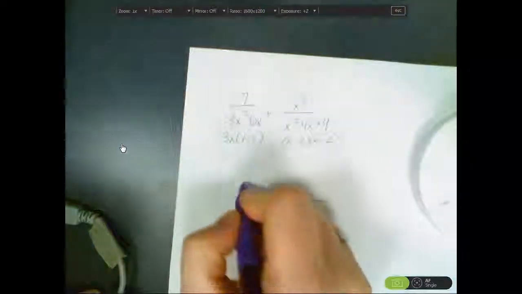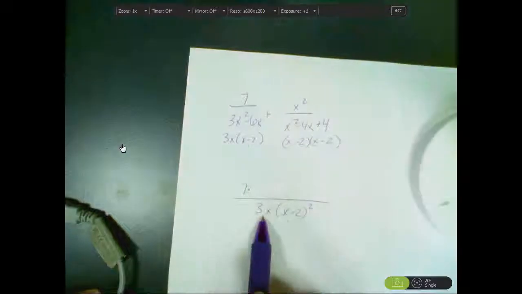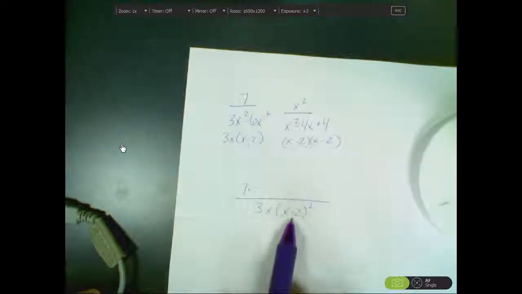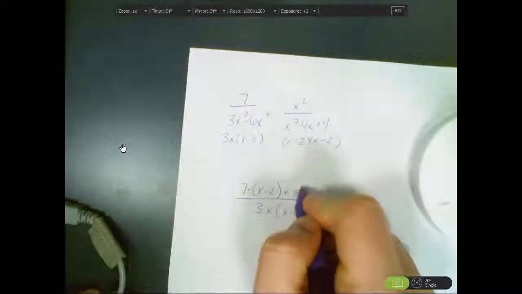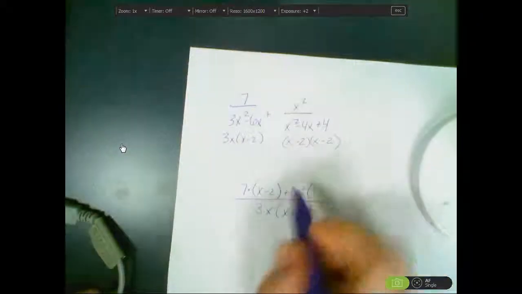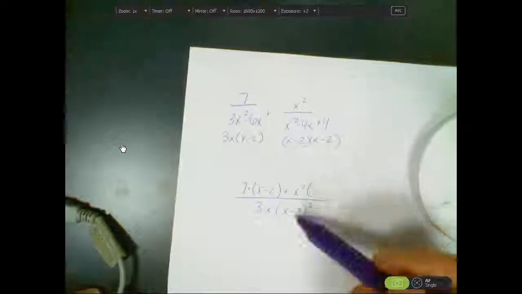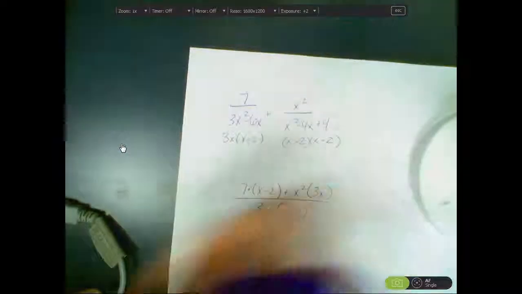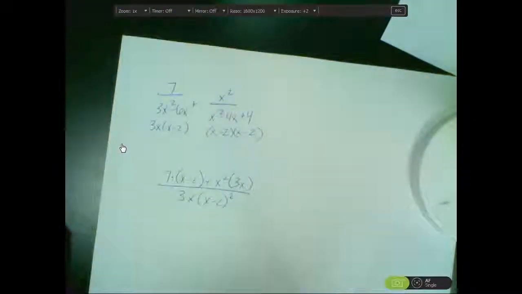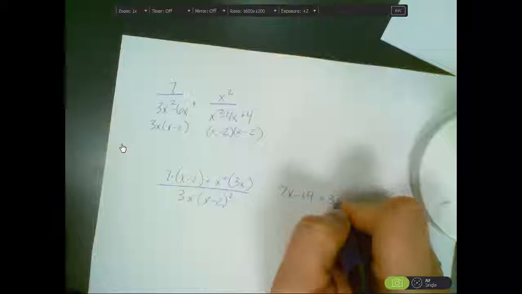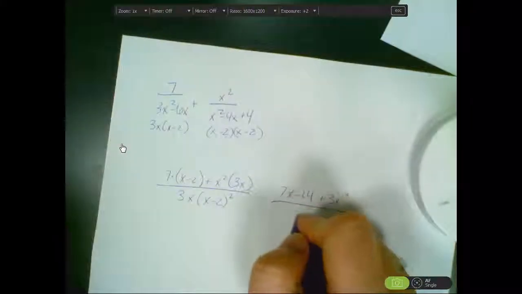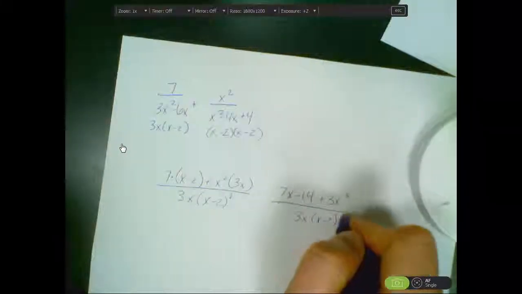So this first fraction, I have a 7, I have the 3, I have the x, and I have one of the x minus 2's, but I need another one. And now I have the x squared here, and I have the x minus 2 and the x minus 2, but I have to multiply by the 3x. So now we're going to distribute: 7x minus 14 plus 3x cubed all over 3x times x minus 2 squared.